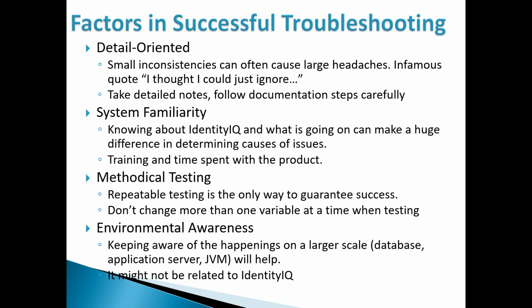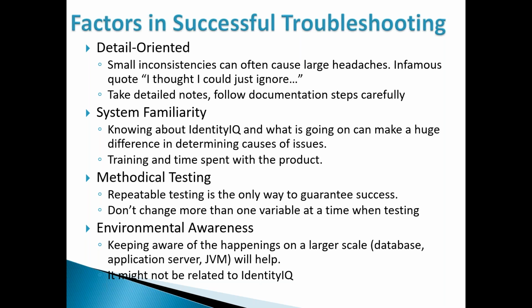And last is environment awareness. So definitely, while installing, whatever environment you have selected, we need to keep in mind its limitations, its advantages, and so on and so forth. Okay, so when you see an error about the environment, like a JVM error, or maybe the application server is running too slow, or maybe the database is not supported, then definitely this will help us identify the issue very easily.